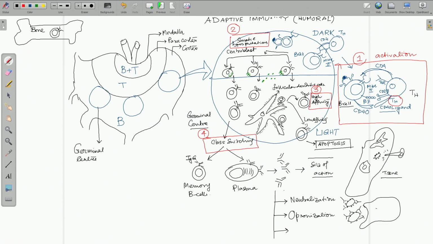For example, they can assist the antigen presenting cells or the macrophages to engulf, or phagocytose, the pathogen. Or they can do a third thing, that is complement activation.